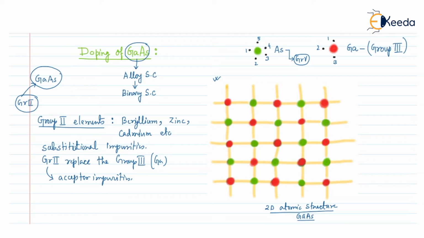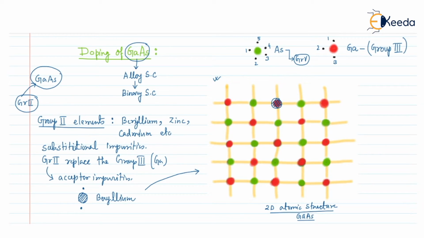Now let us suppose we have a group 2 element such as beryllium. Since it is a group 2 element, it will have 2 electrons in the outermost orbit. Now suppose we have doped this gallium arsenide structure using this beryllium, which will replace the gallium atoms. Suppose this gallium atom, which has 3 electrons, has been replaced by the beryllium atom.